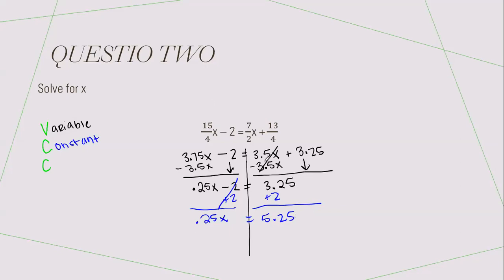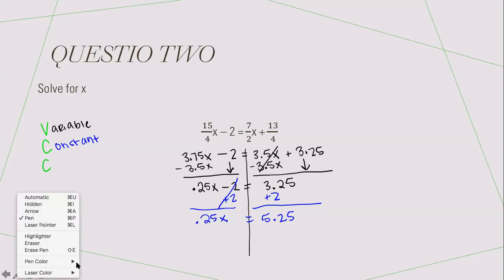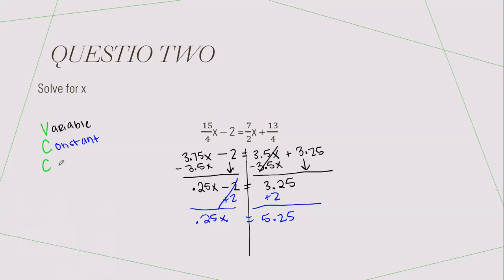All right. My very last step is to get rid of the coefficient. So how am I going to do that? Awesome. I'm going to divide both sides by 0.25.